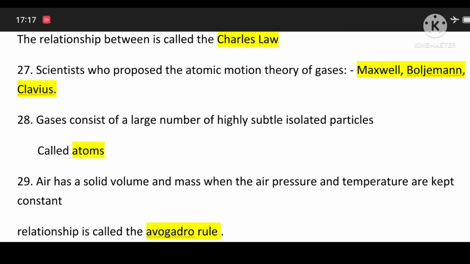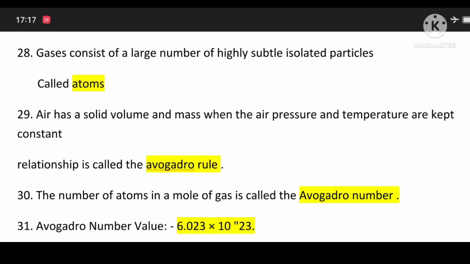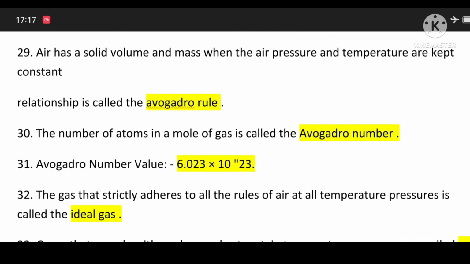Number 29. The relationship between the volume and the amount of gas, when the pressure and temperature are kept constant, is called Avogadro's law. The number of atoms in a mole of gas is called the Avogadro number. Number 31. The Avogadro number value is 6.023 into 10 to the power of 23.